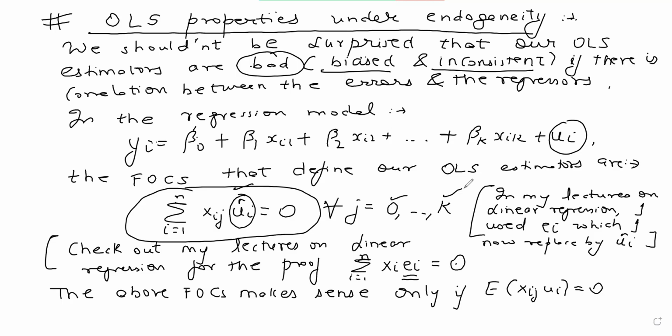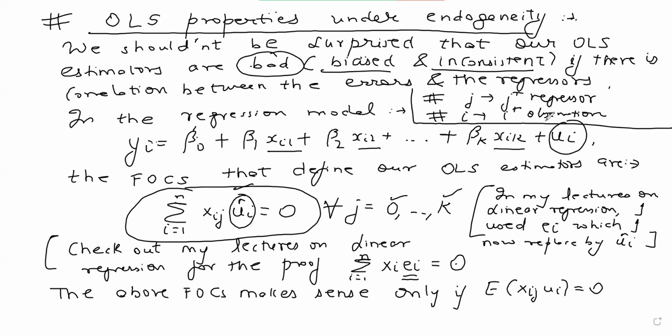And in totality, how many regressors do we have? We have k regressors from xi1, xi2 to xik. So j denotes the jth regressor, i denotes the ith observation. I'm writing it here just for clarity. Do not get confused between i and j.